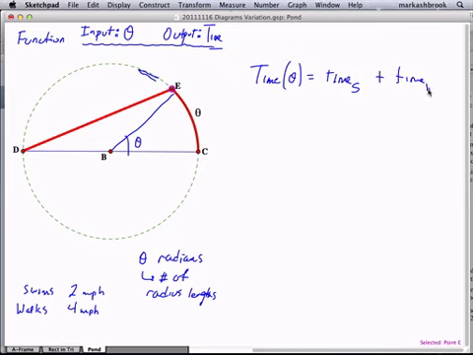I'm really encouraging you to slow down. You get into trouble and confusion if you jump into details too quickly. So look at the big picture of things and work on things little by little. Okay, so now the time it takes to swim and the time it takes to walk. Maybe one of those is easier than the other that we can start with?